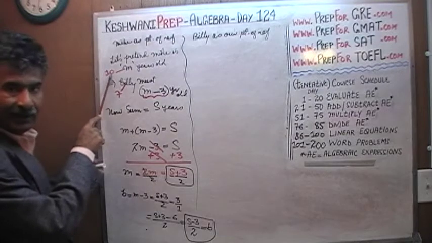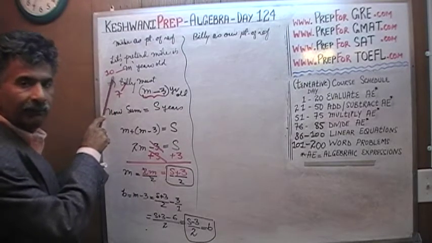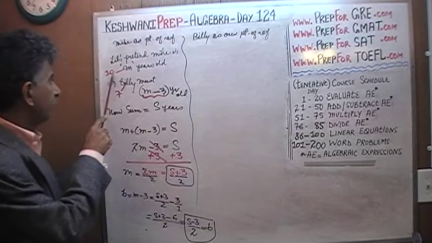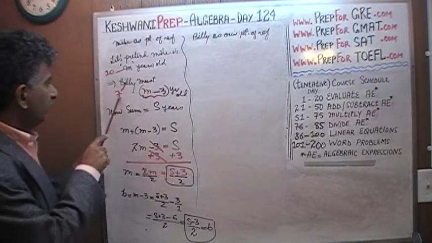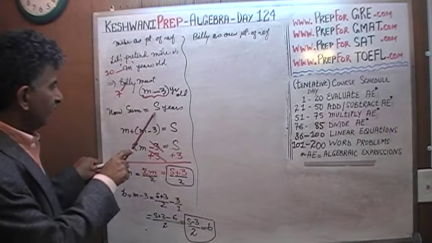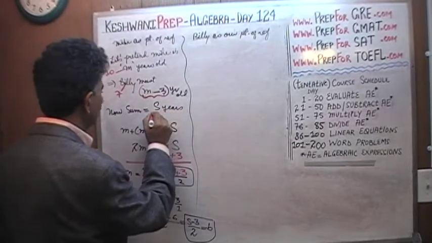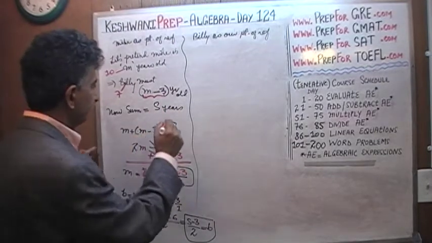We're just plugging in 10. Where does this 10 come from? It fell from the sky. We just made it up. So if Michael is 10 years old, Billy would have to be 7. Their sum is 17, which is what they're calling S. S turns out to be 17.